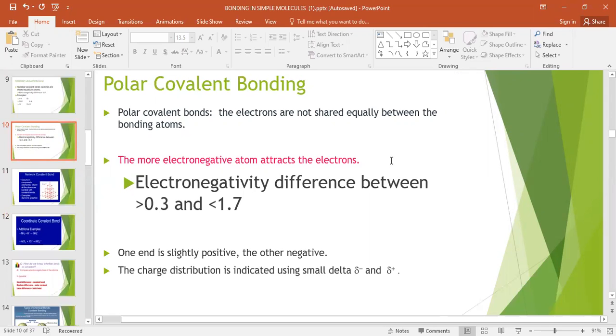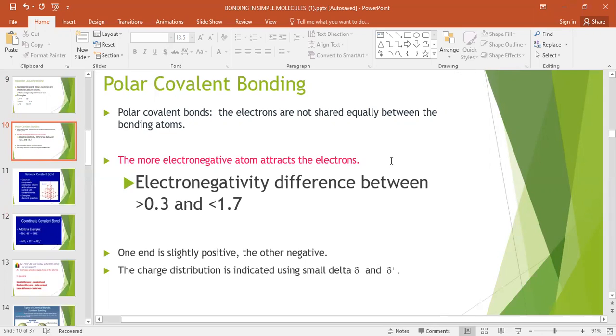What if it's greater than 1.7? Greater than 1.7, till 2 or more than 2, is an ionic bond, not covalent. Okay? So if you got a value between 0.3 and 1.7, in between these two numbers, it's which type of covalent bonding? Polar.